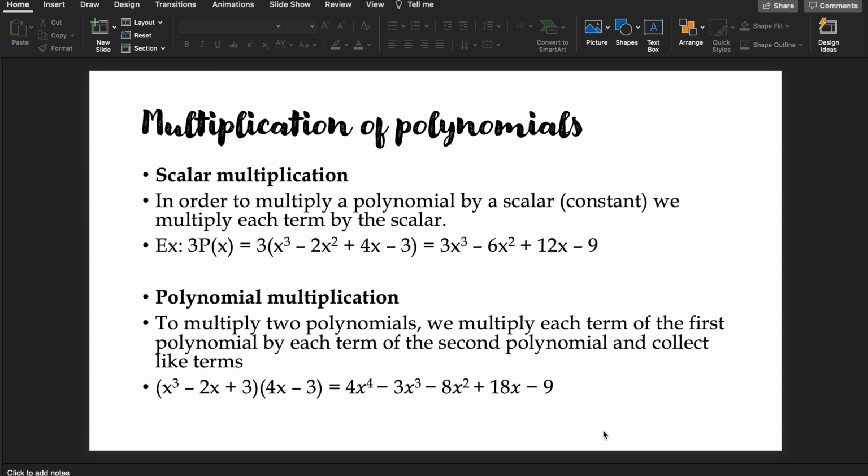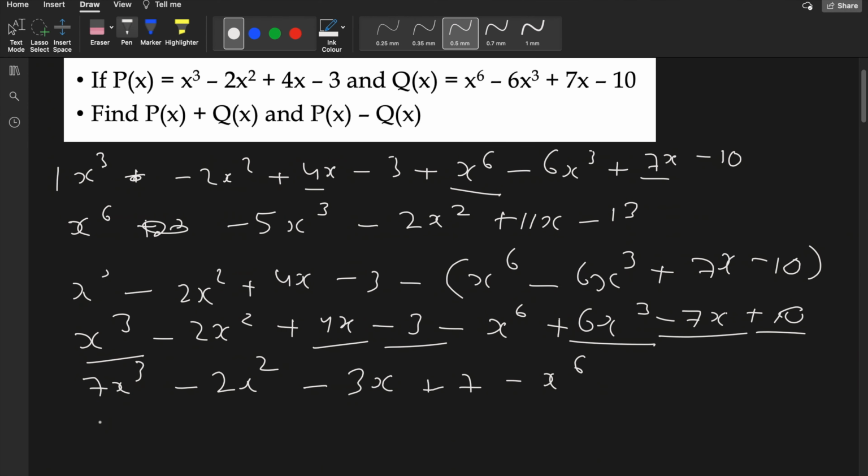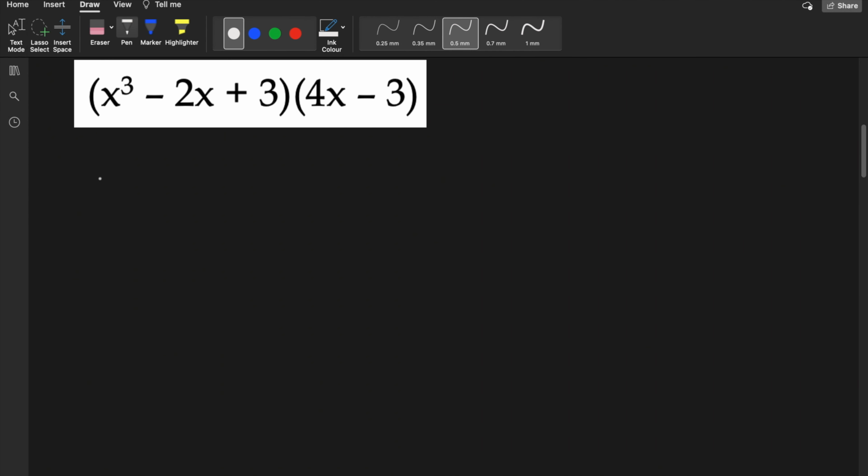Now let us look at polynomial multiplication. In order to multiply two polynomials, we multiply each term of the first polynomial by each term of the second polynomial and collect the like terms. So this into this, and so on. So let me work that out. We have to multiply the first by the first, and then this into this.